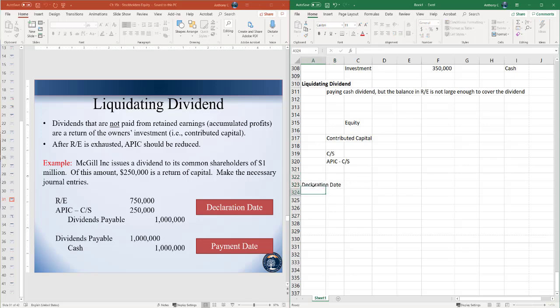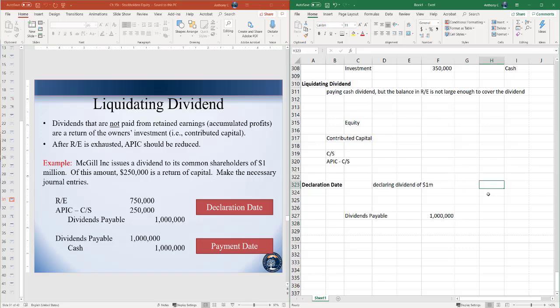Okay, so declaration date, we're still declaring a dividend of $1 million. So your credit here will be to dividends payable. We're not paying it yet. $1 million. It tells us of this amount, 250 is a return of capital.